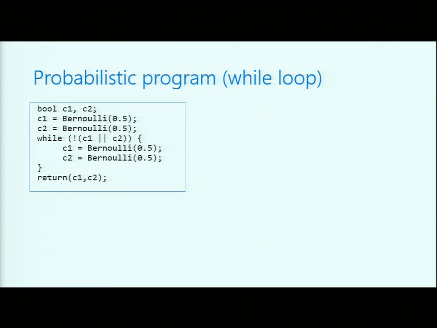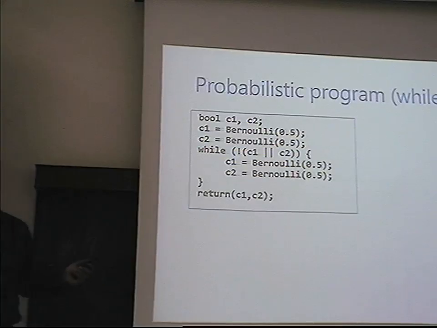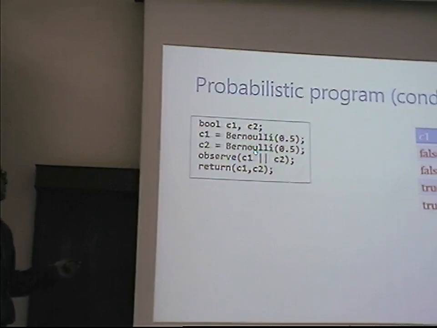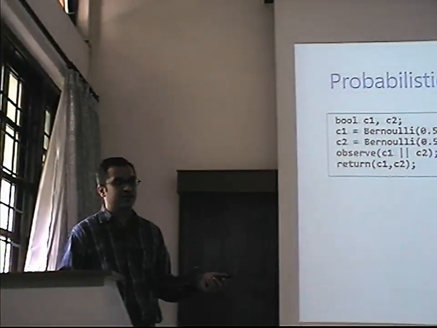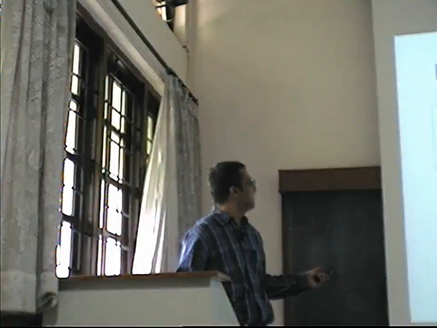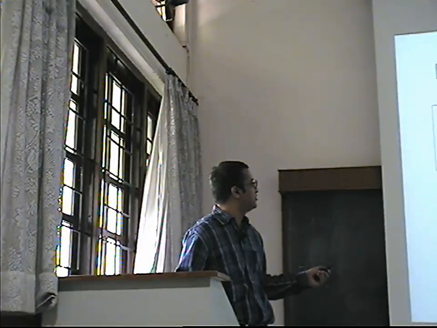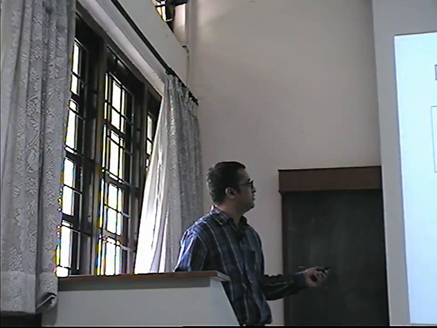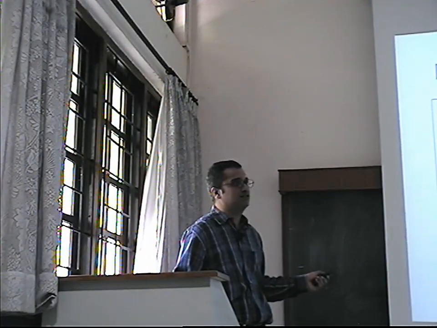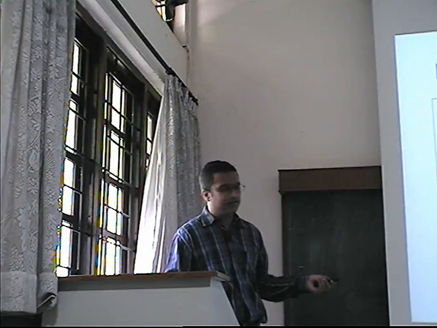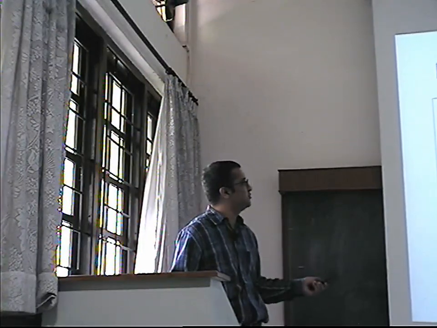So what's the connection between this program and this program? Seems like they're the same, right? Because this one is basically saying I block all runs of the program which don't satisfy this observe statement, and this one is saying keep tossing coins until you satisfy this. So the result looks the same, and indeed this program is equivalent to this program, intuitively.